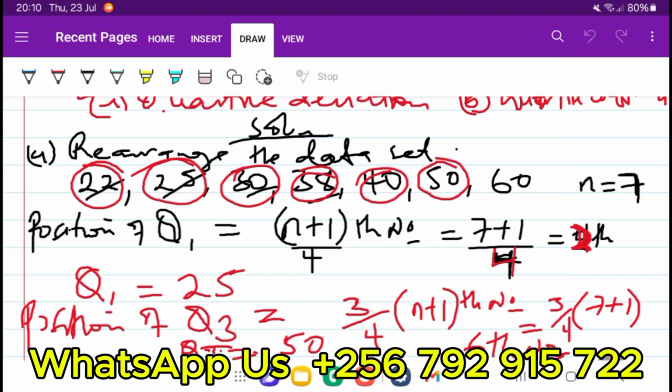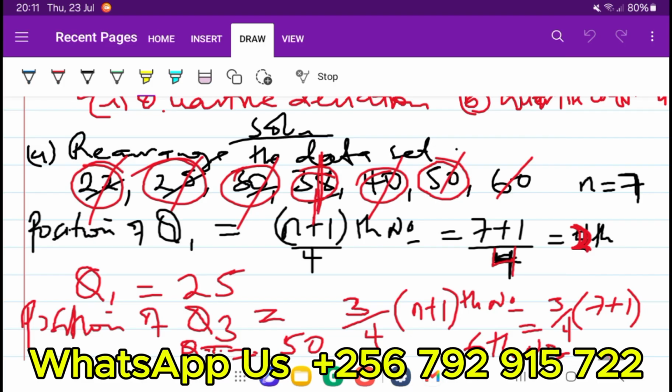So even if you want to divide this into the other, you start cancelling. You cancel this and this, this and this, this and this. You will see that this is the middle point.